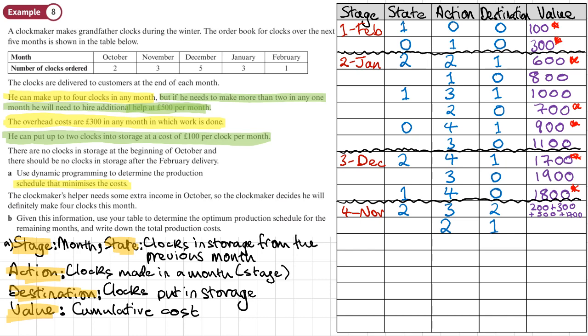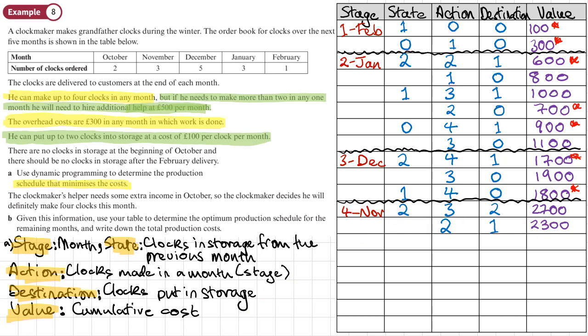So put that in, 2,700. And for this option here, storage 200, overheads 300 because I'm only making 2, and then the destination's 1, so I add another 1,800, and that will give me 2,300. So for this state, the lowest cost, or value, is 2,300.